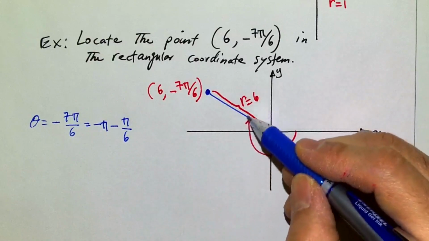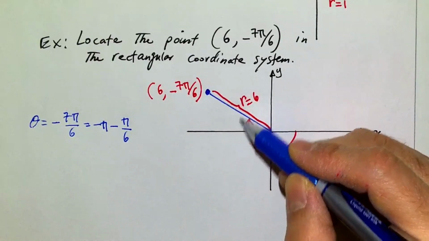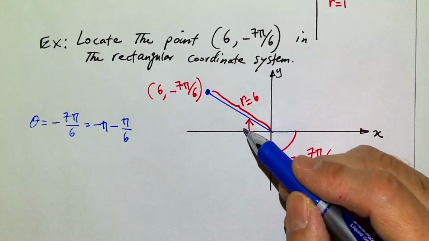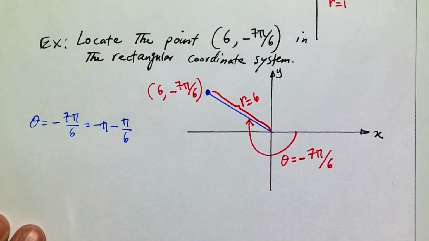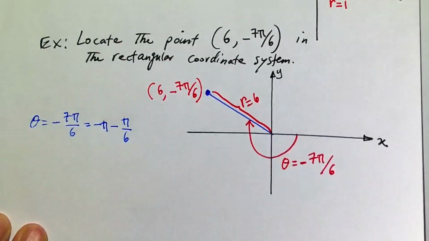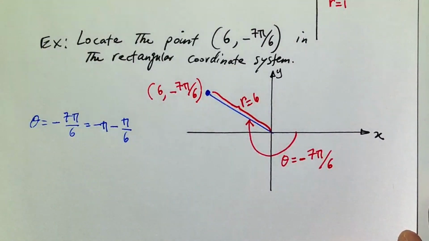Okay, so the reference angle is pi over 6, that difference here. All right, so this is just a few examples in exploring how to locate a point using its polar coordinates.